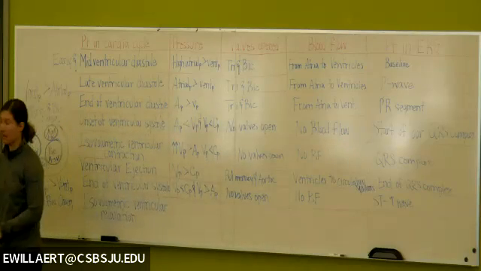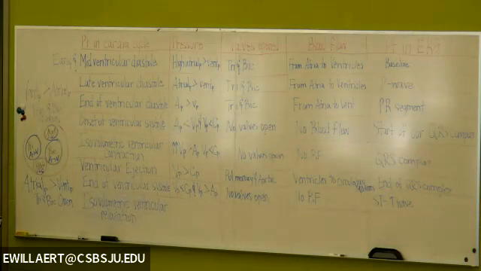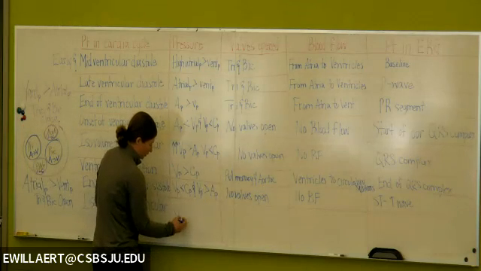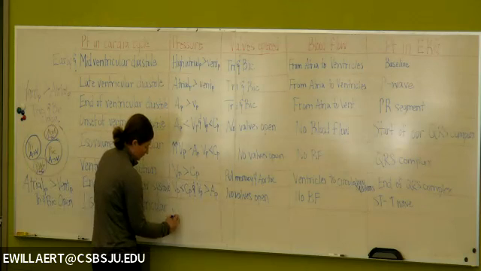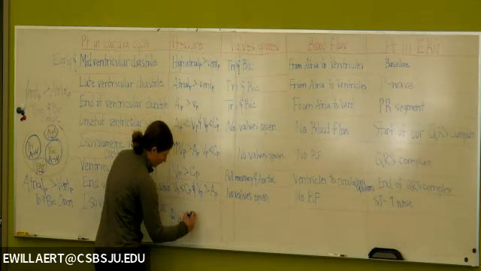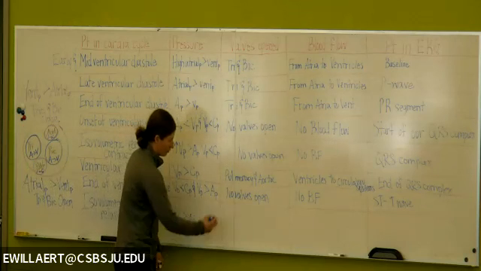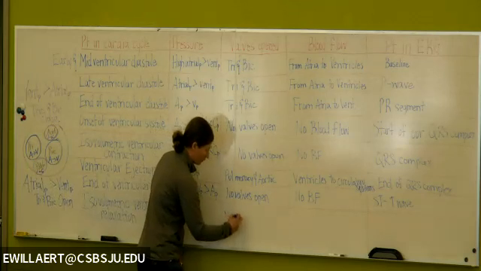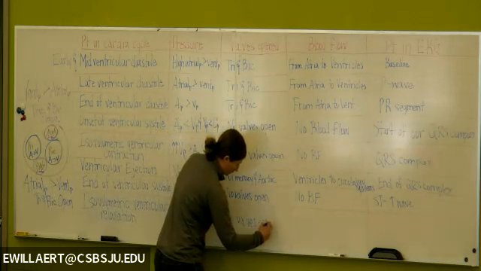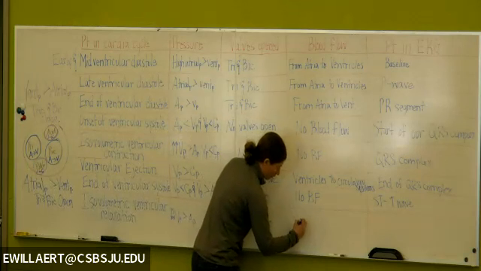Now, as we go into that relaxation period of time, ventricular pressure is decreasing, but it's still slightly greater than atrial pressure. So we have no valves open, no blood flow.